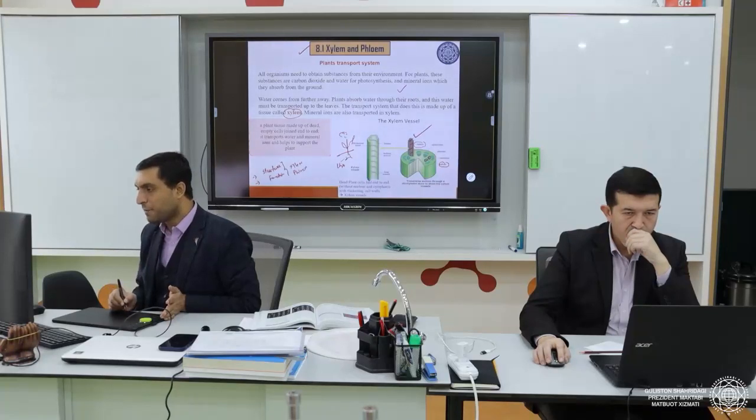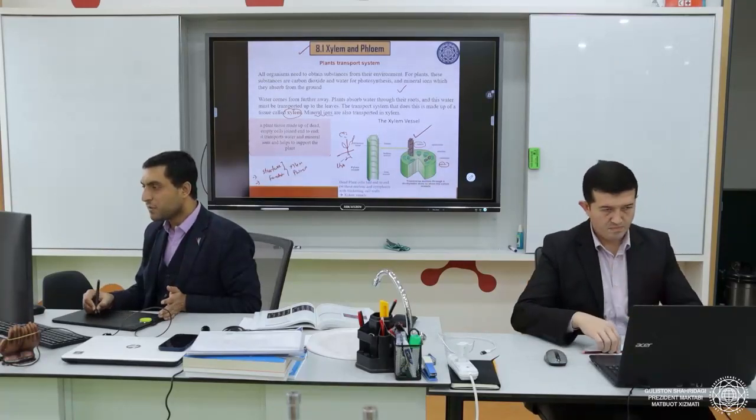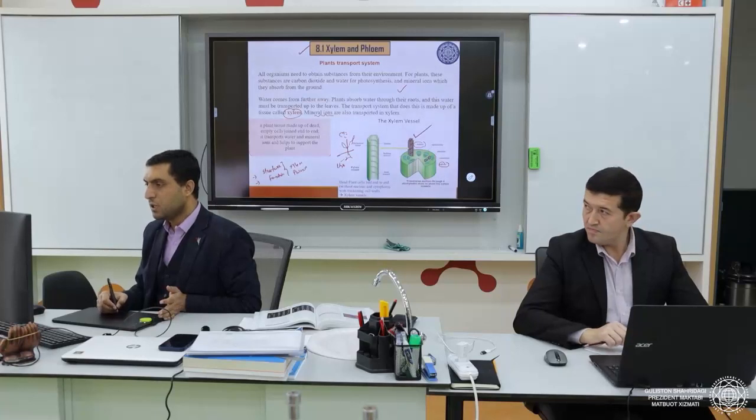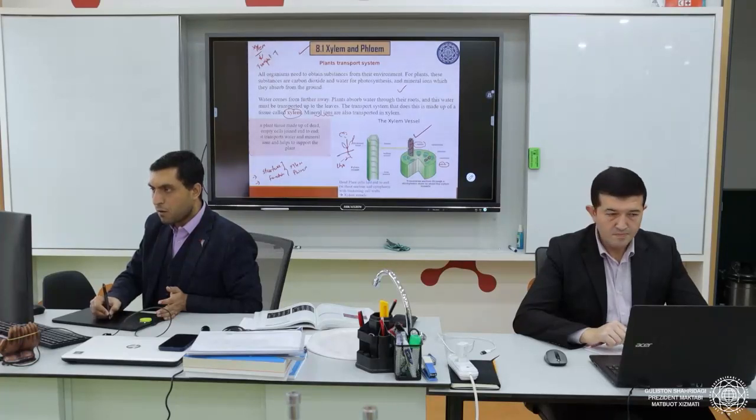So the plant needs this water in different parts. The xylem is responsible for the transport of mineral ions and water. So xylem is important for the transport of water and minerals.